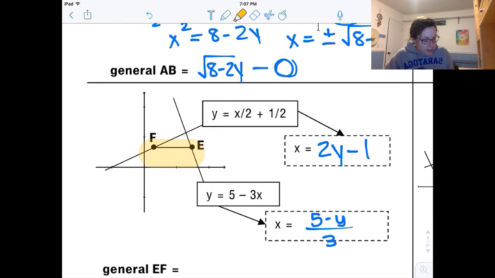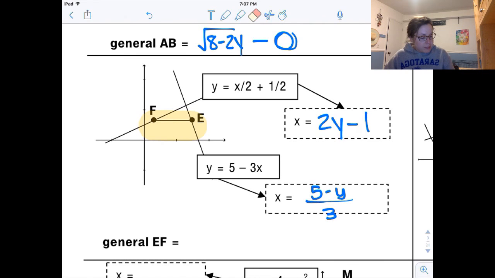So now what I can think about is, okay, the distance between those is going to be the change in the x values, because I'm subtracting those. I know it cuts the y-axis, so it should be dy. We want it in terms of y. But also think you're going to be subtracting your x coordinates, right?